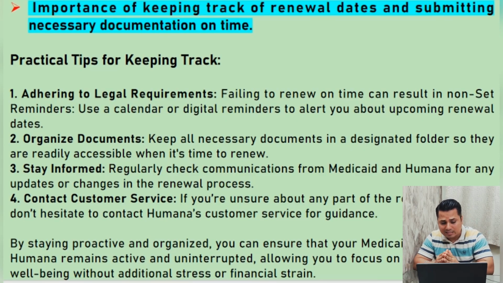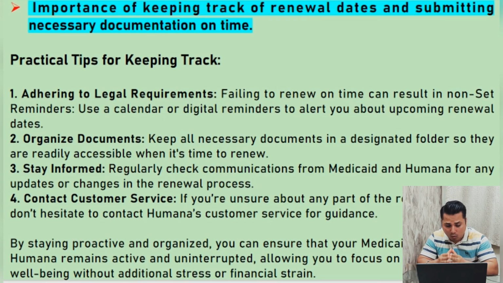Number three, stay informed. Regularly check communications from Medicaid and Humana for any updates or changes in renewal process. Number four, contact customer service. If you are unsure about any part of the renewal process, don't hesitate to contact Humana's customer service for guidance.